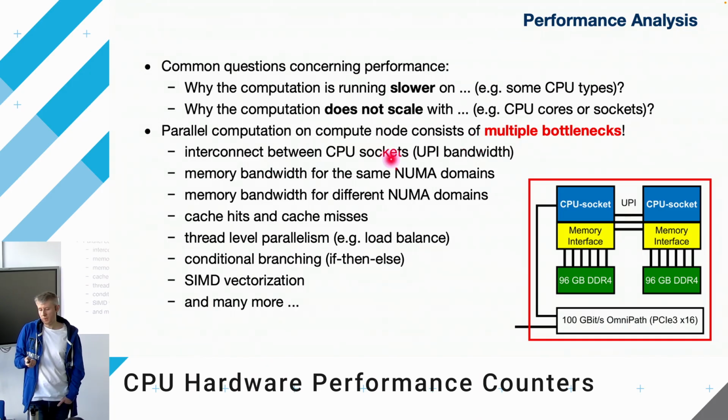As explained, there could be multiple bottlenecks at the same time in your program, and they limit your performance. So there could be a problem with the interconnect if you have many requests between the CPU sockets, or it could be limited by the memory bandwidth.